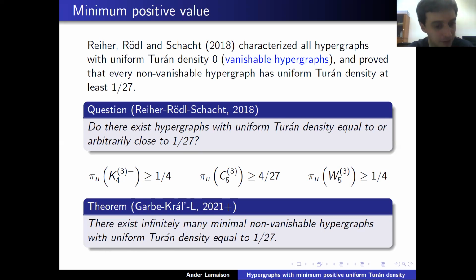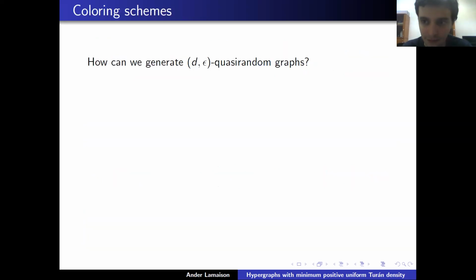This is what I'm going to talk about. And to justify why we picked the hypergraphs that we picked, we do need to see the characterization of Reiher, Rödl and Schacht, and more generally, we need to answer a certain question. Because we are looking for the largest quasi-random hypergraph that does not contain H as a subgraph, we need some way to generate quasi-random graphs.